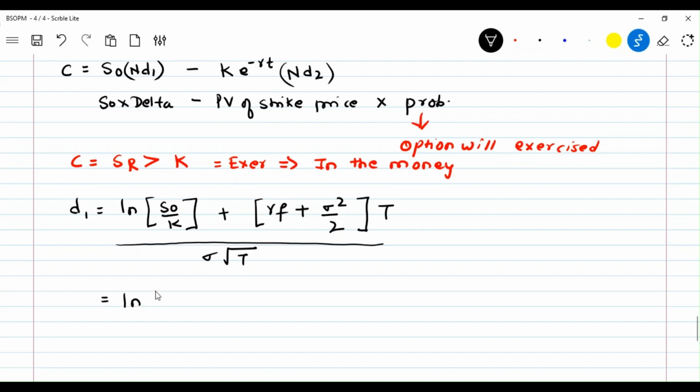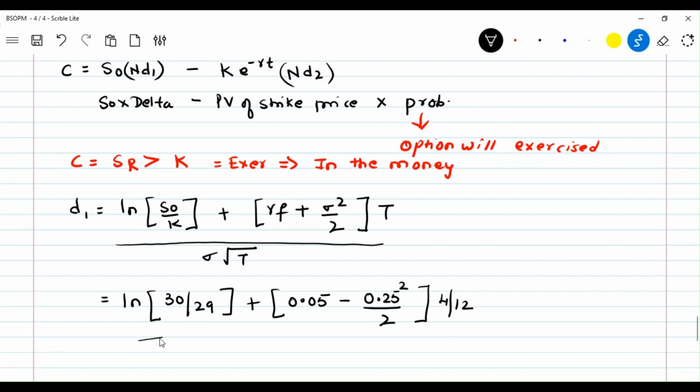Let's substitute this. Here we have 30 divided by 29, plus 0.05, which happens to be our risk-free rate of return. Then I have the standard deviation, but here we want variance, so 0.25 squared divided by 2. This whole will be multiplied by 4 by 12.